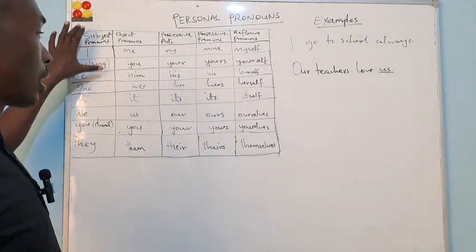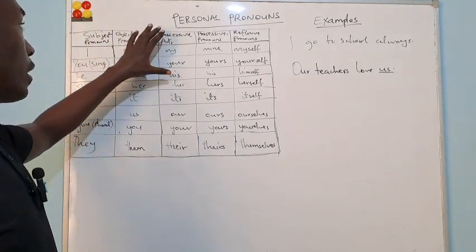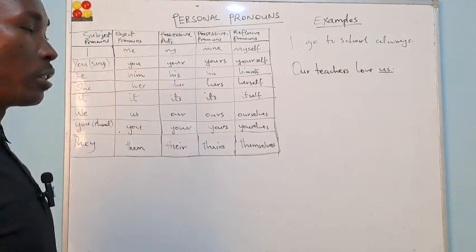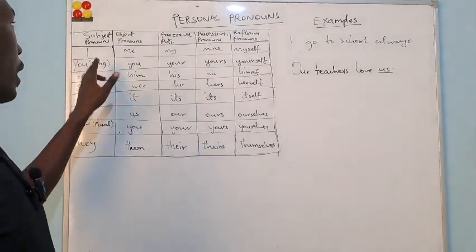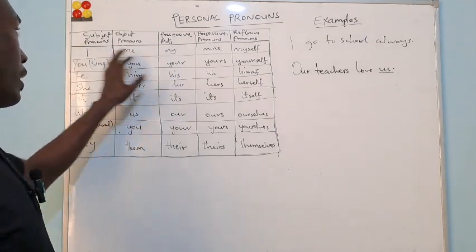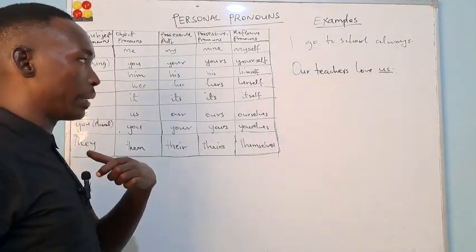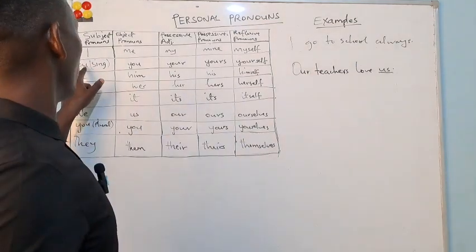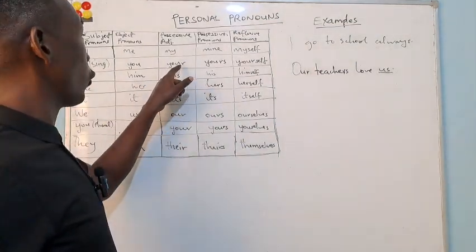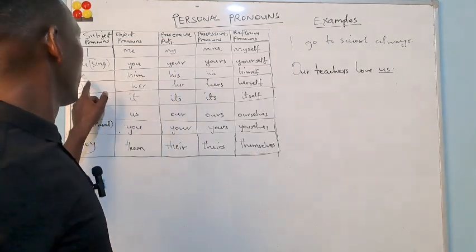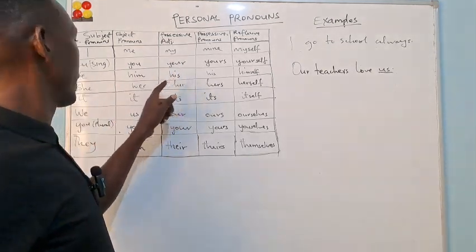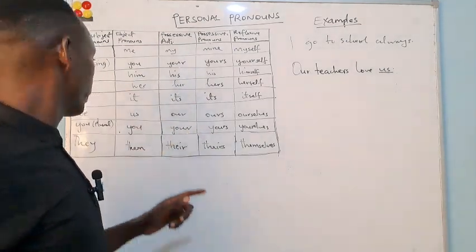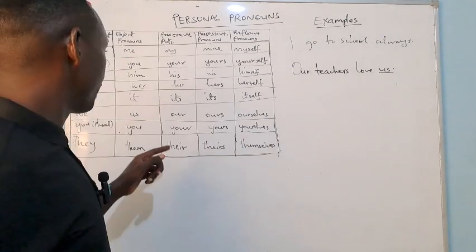Let us come to this. From these basic personal pronouns, we can get their corresponding possessive adjectives. Okay? For example, the possessive adjective for I is my. I, my. Okay, my book. You is your. This is you singular. He is his. She is her, her book, her pen.